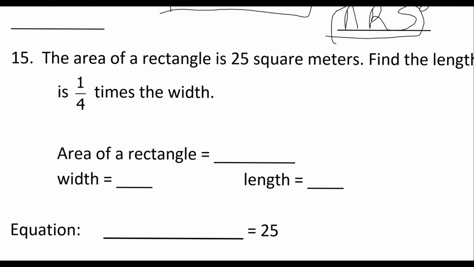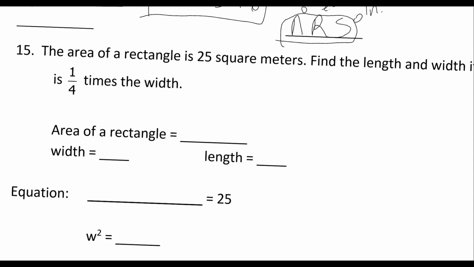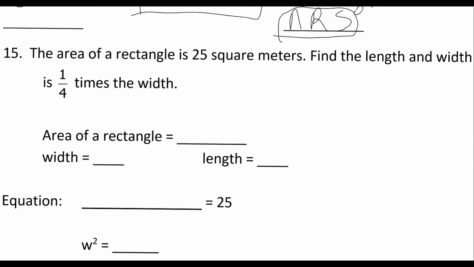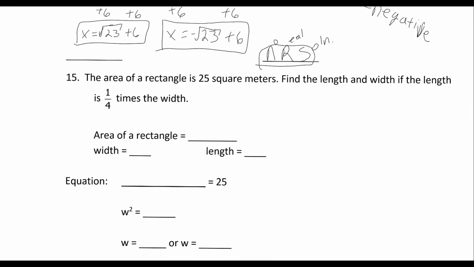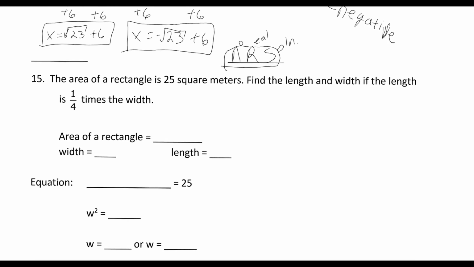Alright, number 15 talks about the area of a rectangle that is 25 square meters. It says to find the length and width if the length is a quarter times the width.